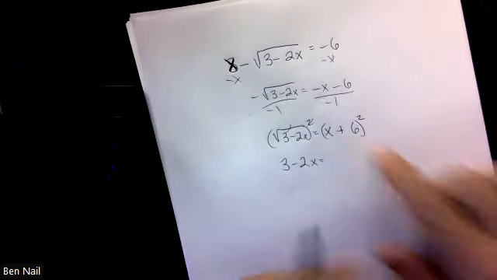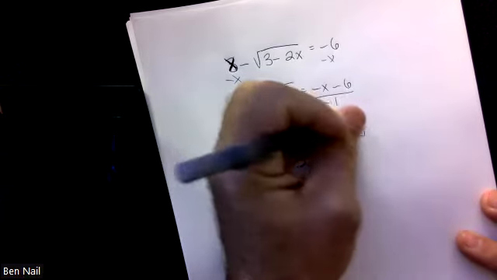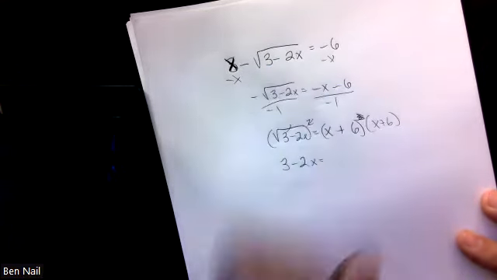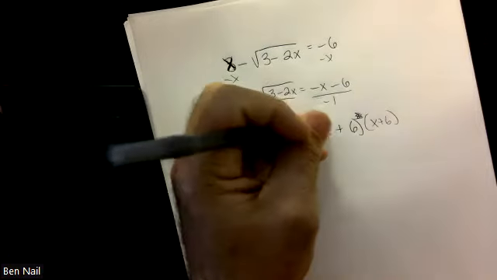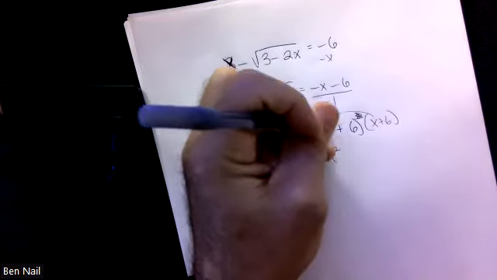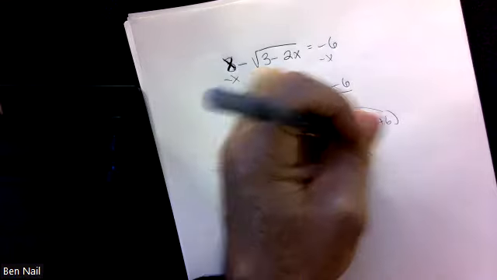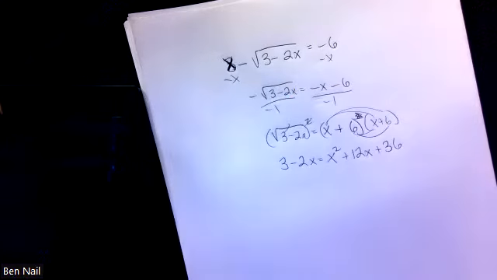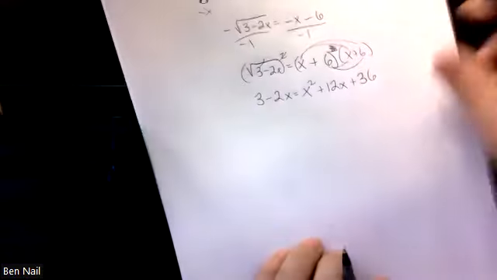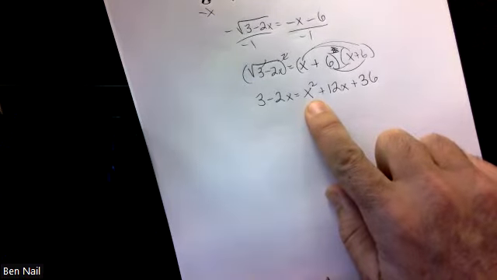Now remember, squaring a quantity, x plus 6 quantity squared, is like saying x plus 6 times itself, which if we FOIL, we get x squared plus 6x plus 6x plus 36. Now we have a quadratic.